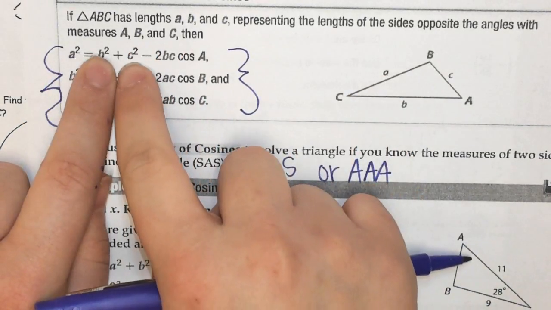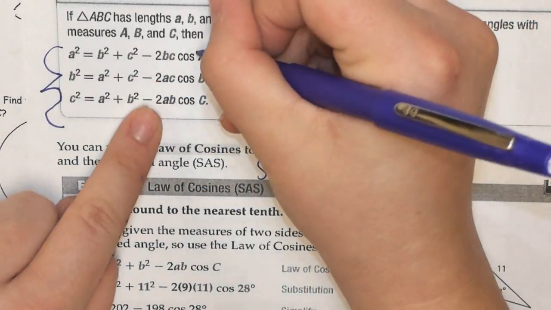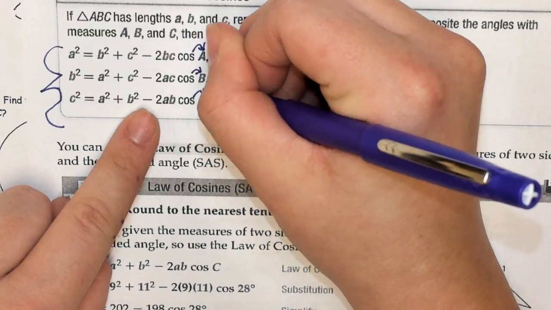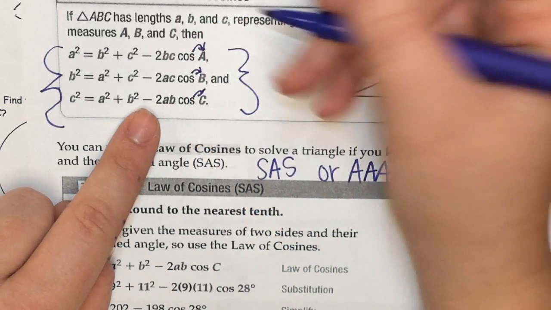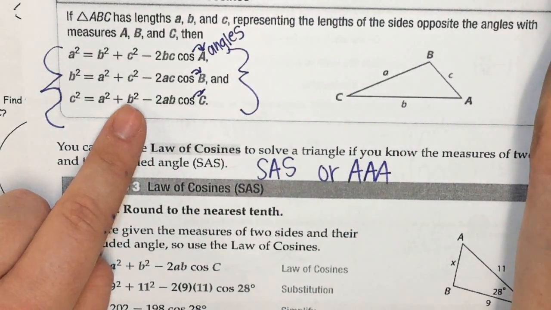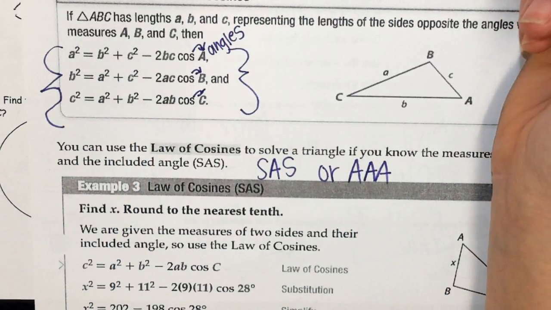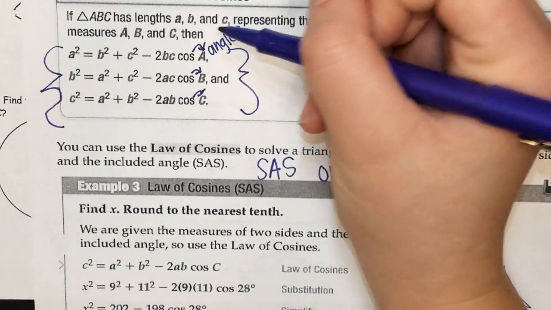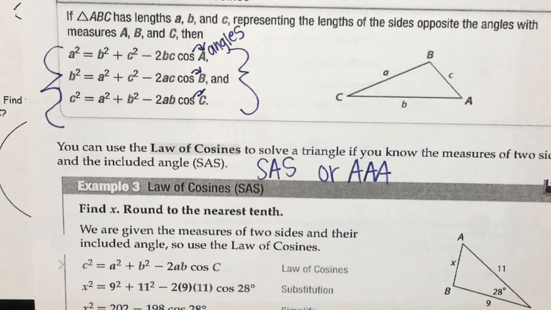The only part that's an angle is right beside your cosine. These right here are your only angles used in these formulas. Depending on what you're finding, depends on which formula you use.